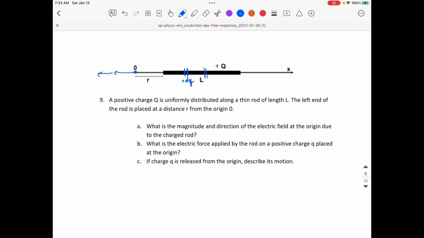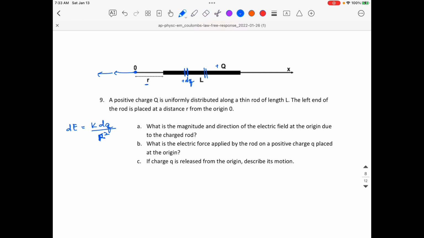So the first thing we're going to do is always start with the electric field, and the electric field, if we take point charges, is just dE because it's small pieces of the electric field, and then our equation would be K dQ over R squared. Let me use a capital R because they do have lowercase r as a variable here.